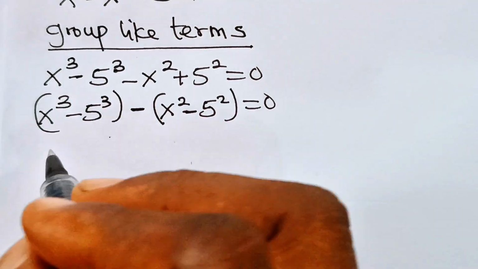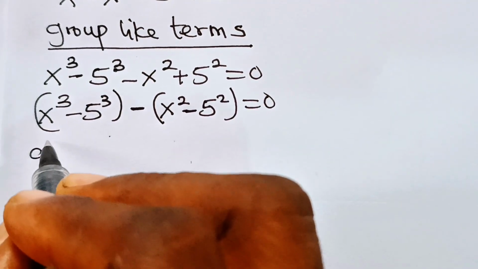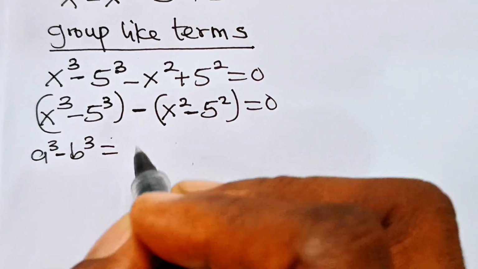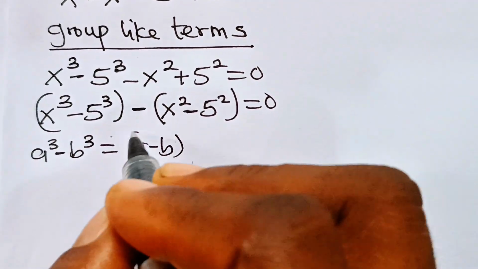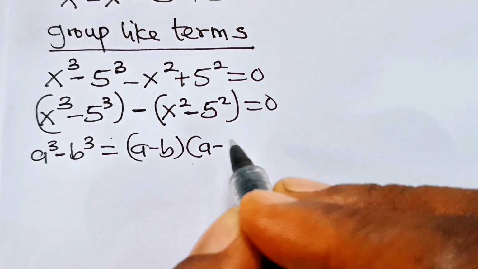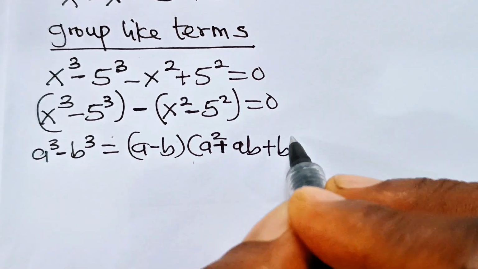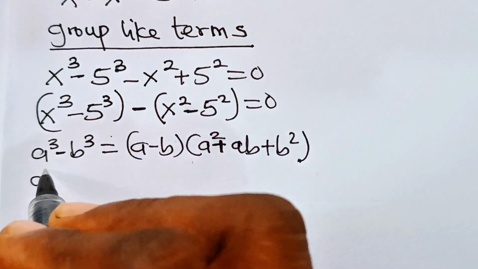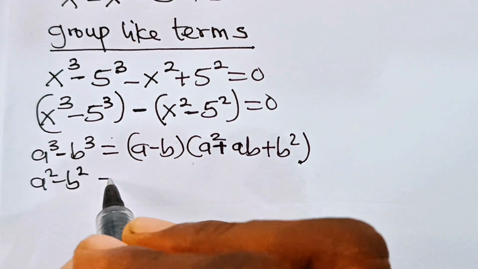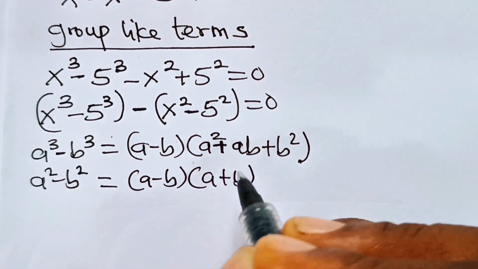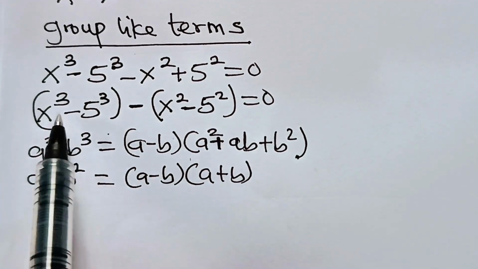Now recall that a to the power of 3 minus b to the power of 3 is equal to a minus b multiplied by a squared plus ab plus b squared. And a squared minus b squared is equal to a minus b multiplied by a plus b. So let's expand this.